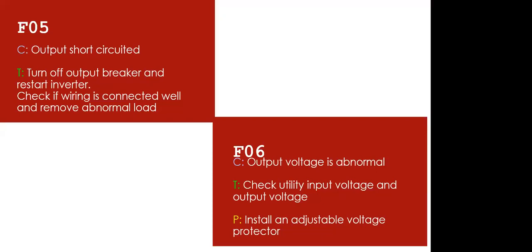In this case, if this continues frequently, it may later result in fault 06, which is output voltage abnormal. When the inverter is trying to cut it off, and at the end of the day the inverter gets damaged, it will show F06 as a fault.